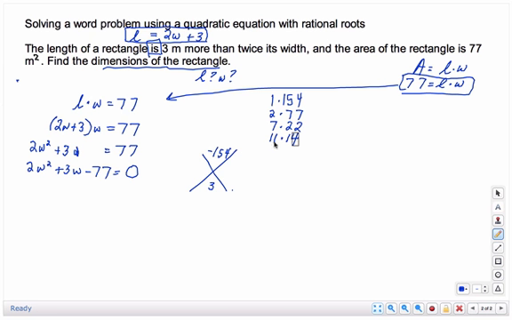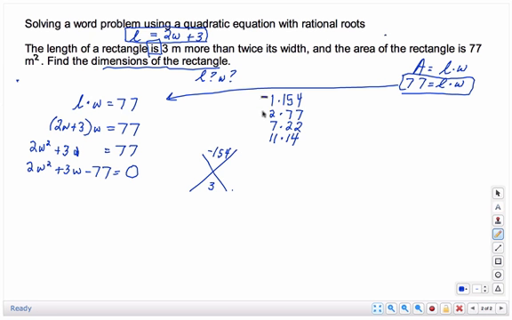Okay, now I went through that a little faster than sometimes it takes, because sometimes you see them, sometimes you don't. Okay, and then I have two numbers that multiply to give me negative 154. So that means I'm going to have one negative and one positive number. But when I add those two same numbers together, I get a positive. So that means my bigger number is positive.